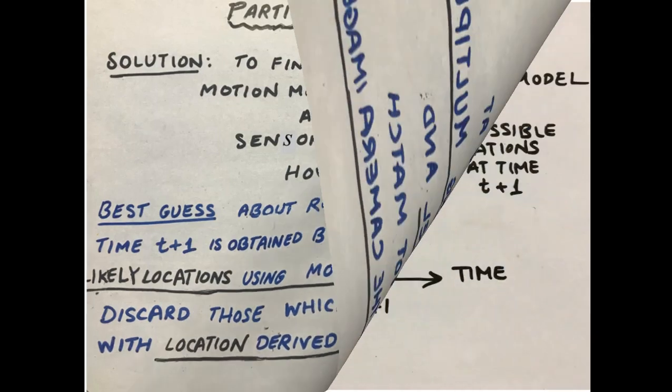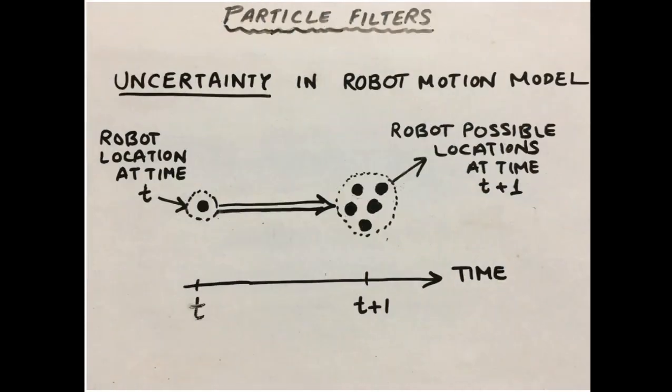Alright, so I'm going to denote the location by a circle. The robot location at time t is shown by a circle.